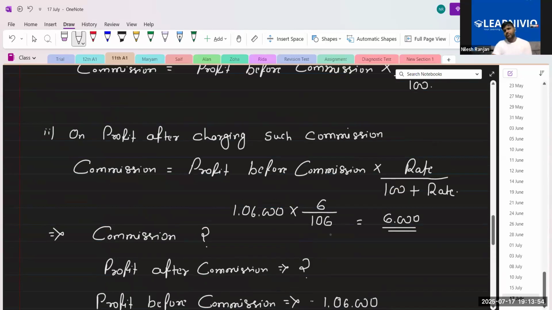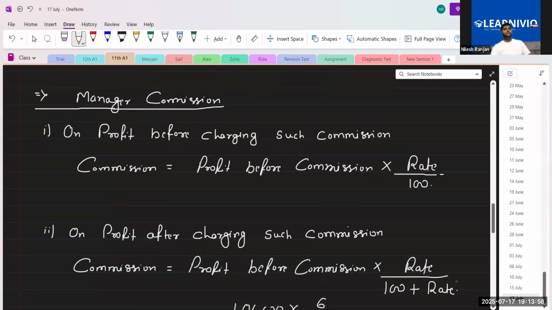So this is the formula. Please write these two formulas. Actually, this topic we generally discuss in the profit and balance sheet chapter, final accounts, or financial statements, but it is given here, so I have explained it here.